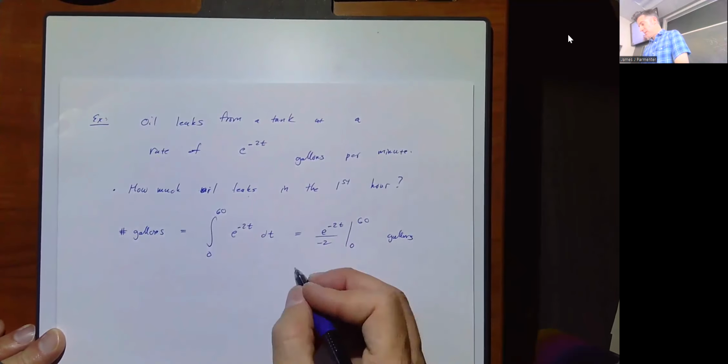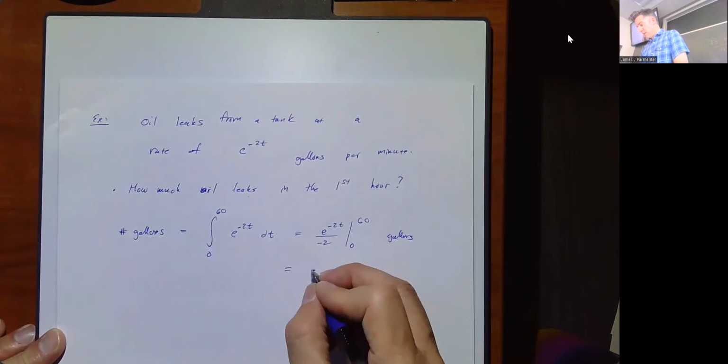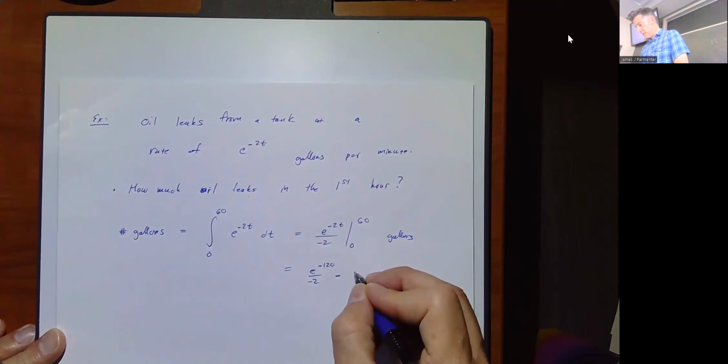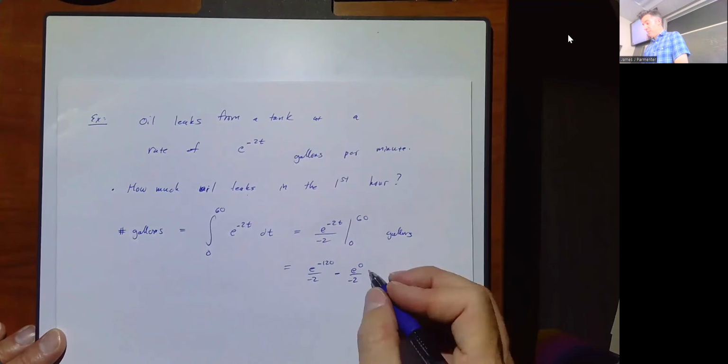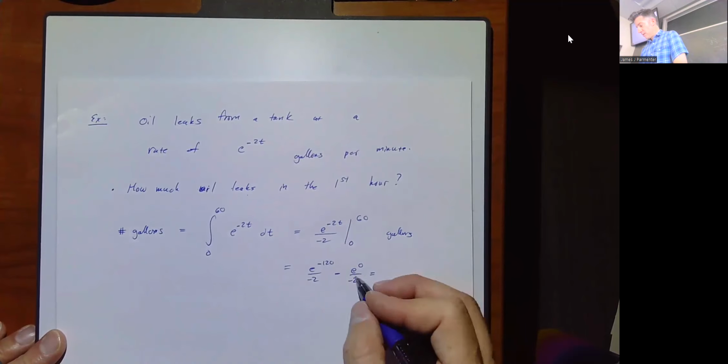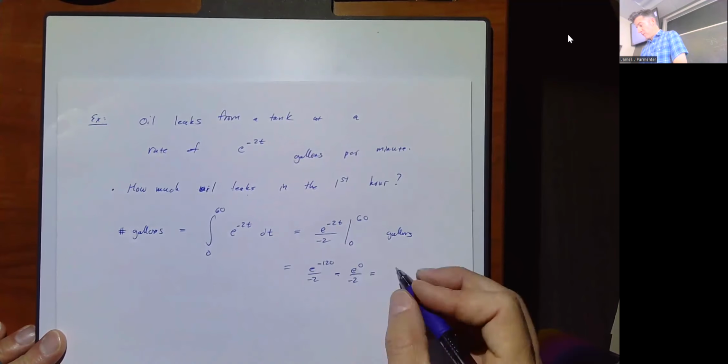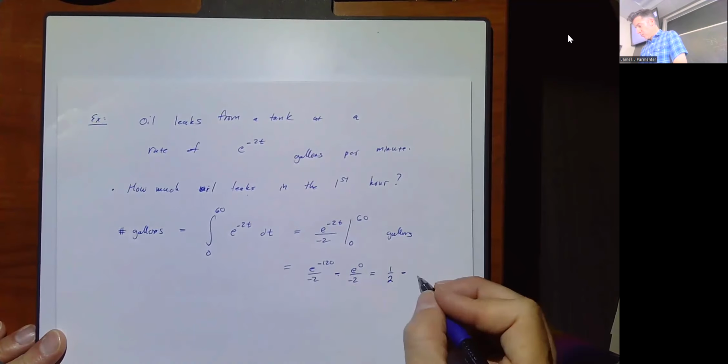And then we would plug in, and the numbers are not nice here. We get e to the negative 120 divided by negative 2 minus e to the 0 divided by negative 2. I might simplify that a bit and write that as negative 1 over negative 2 is positive 1/2 minus 1 over 2 e to the 120.